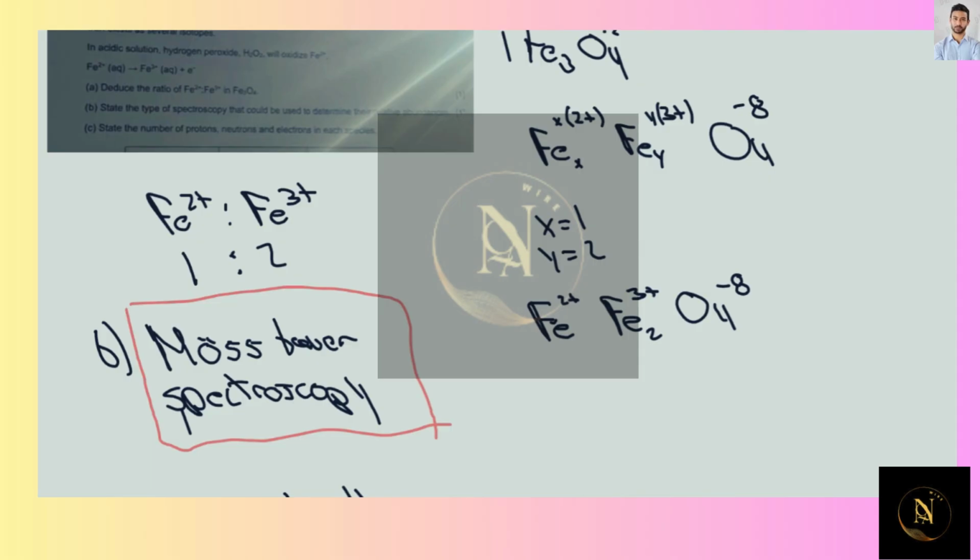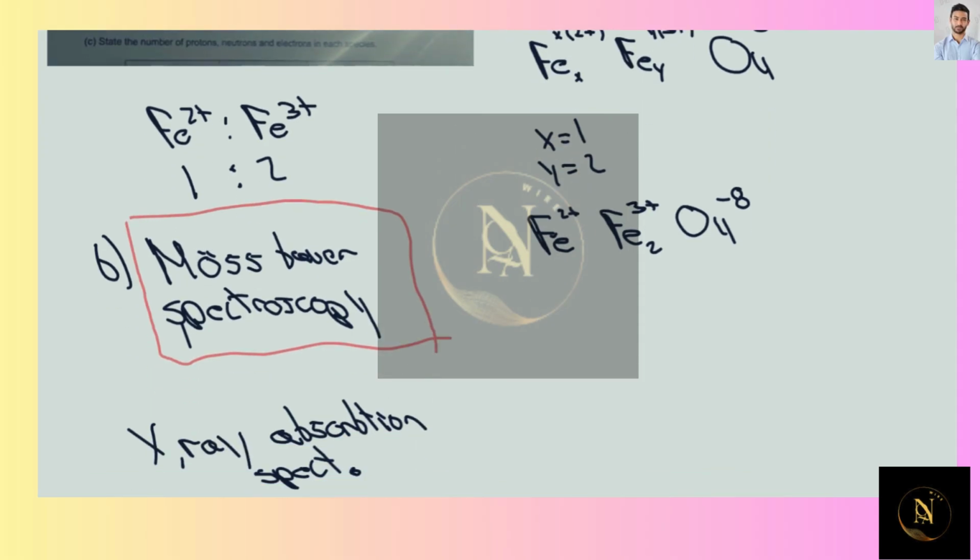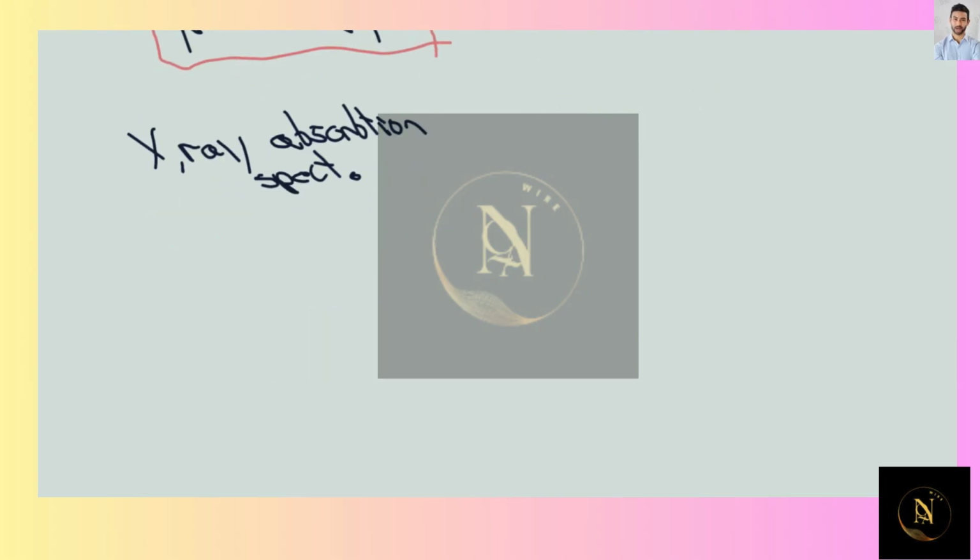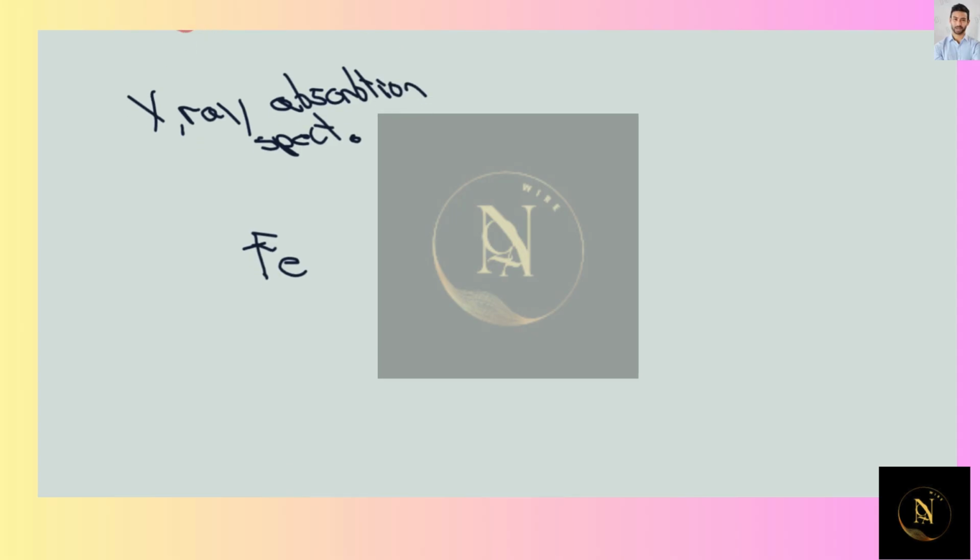And finally, for C, we want to get the number of protons, neutrons, and electrons on each of the species. So for that, for iron, we're going to get Fe2+ and Fe3+, the number of protons, number of neutrons, and number of electrons is going to be the following.